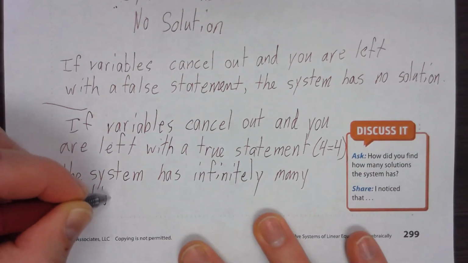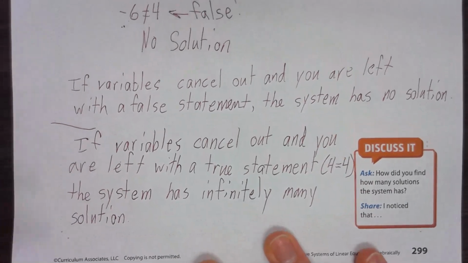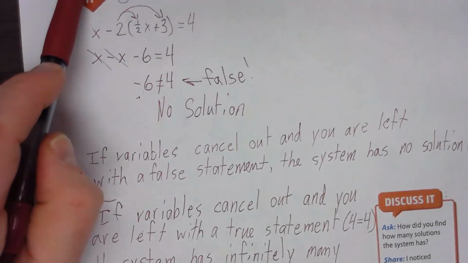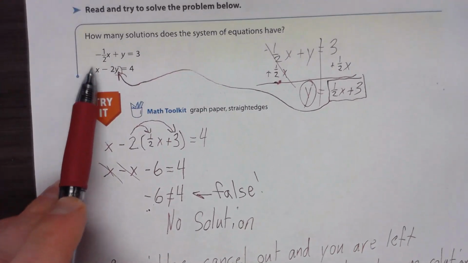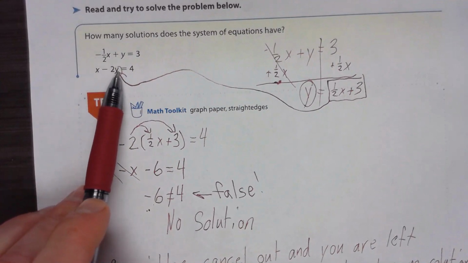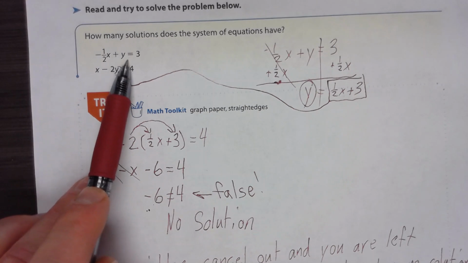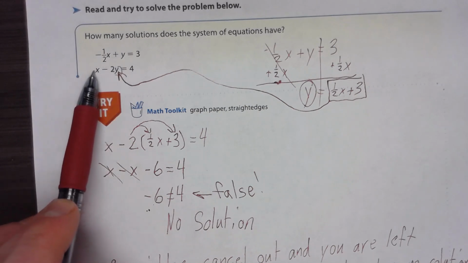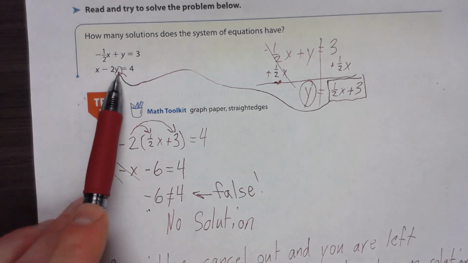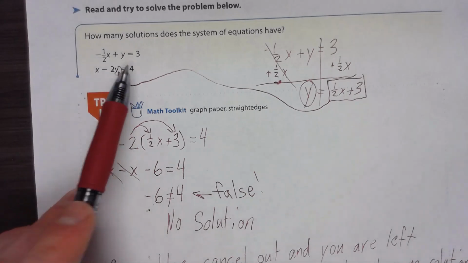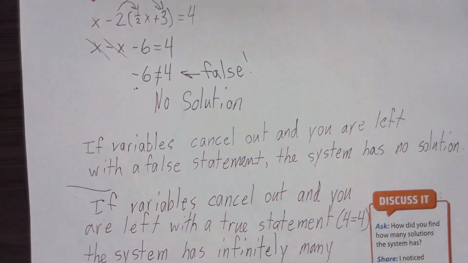Meaning that it does not matter what number of an x I would plug into this equation, the y that goes with it in the other equation is going to be the same x and y that go into the first, and then you can find another x, and the y that goes with that is going to work in the other equation because they're exactly the same equation, right?